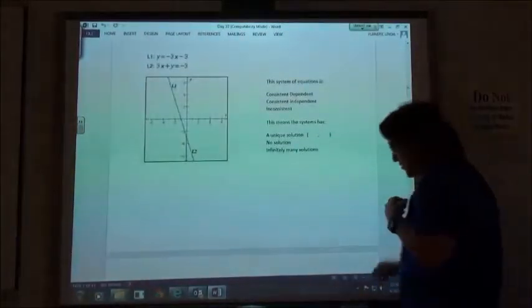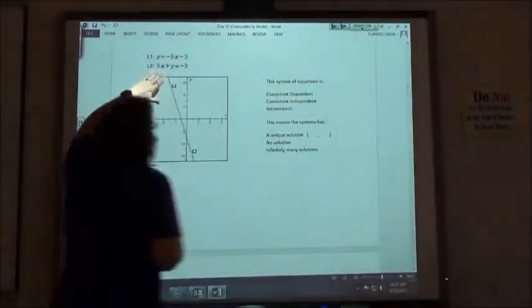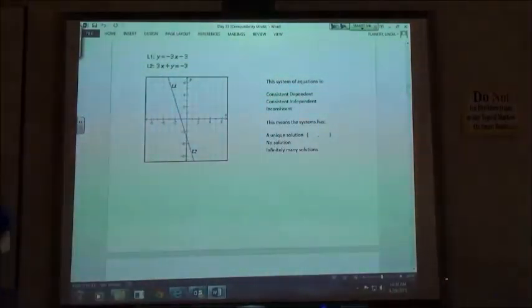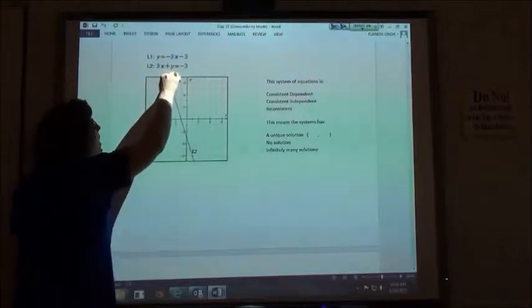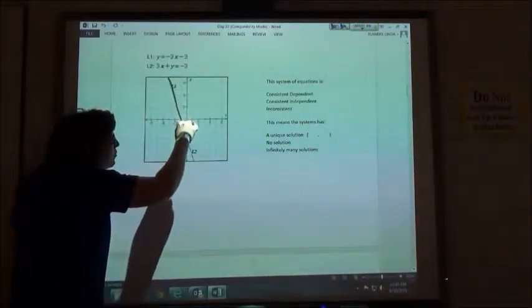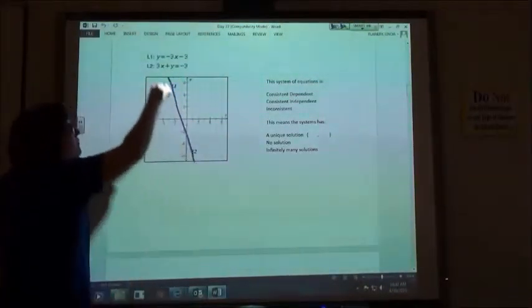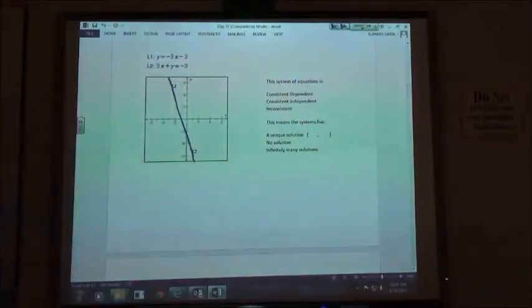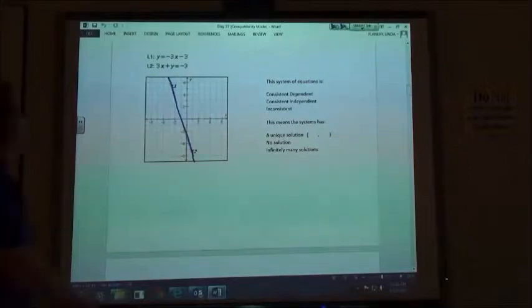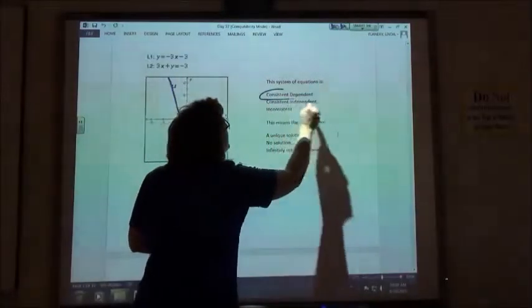So the next way to draw two lines, although it looks like it's only one line on your graph, it actually is one line right on top of the other line. So every single point on the first line is touching every single point on the second line. Those ones are called consistent dependent.